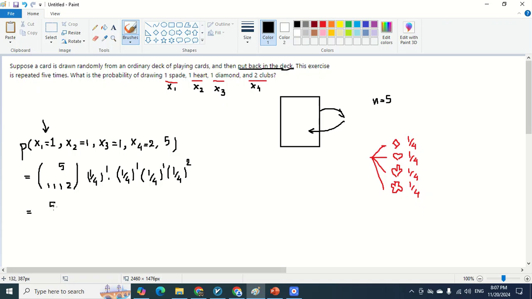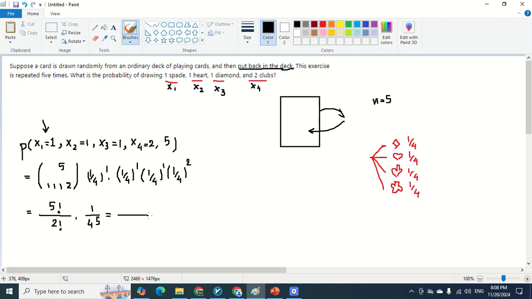It's going to be 5 factorial over 1 factorial, 1 factorial, 1 factorial, and 2 factorial, because 1 factorial is 1, so we only need to write it like this. And the last part is 1/4 to the power of 5. 1/4 to the power of 5 is the same as 1 over 2 to the power of 10, which is 1024.